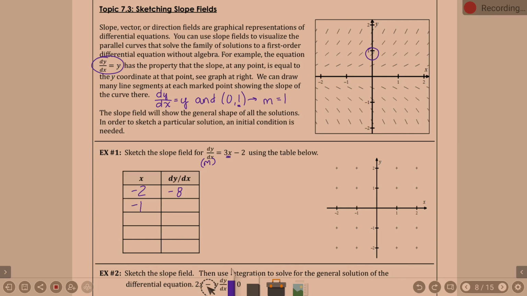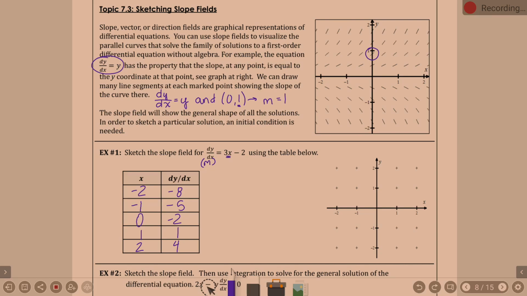When x is -1, what's dy/dx going to be? -5. When x is 0, -2. When x is 1, 1. And when x is 2, 4. In this particular problem, we only need x values.